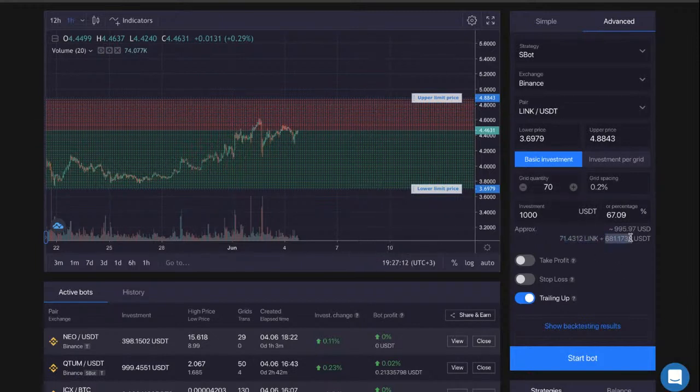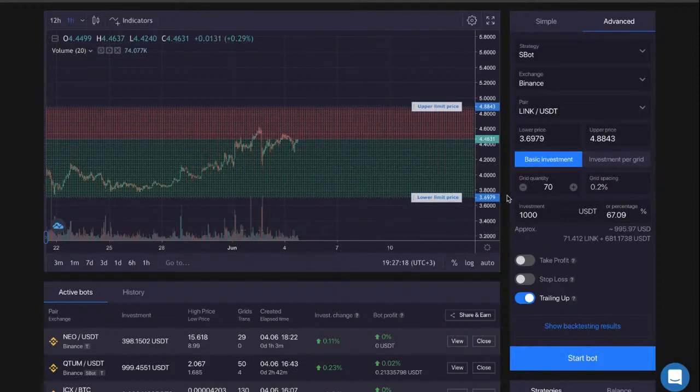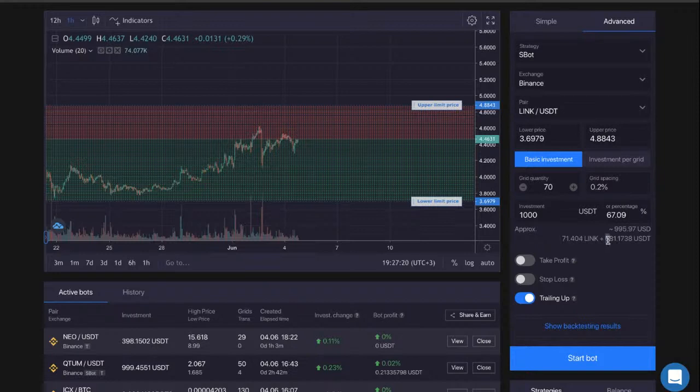And you must have enough of the quote currency in this case, because notice that we have a wider buy zone. That's why we have 60%, even more. So it's 681 USDT out of 1,000. All right, so that's almost 70%. So 70% of our quote currency goes to these buy orders.